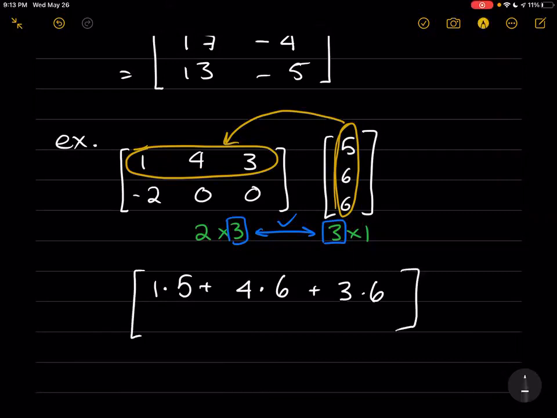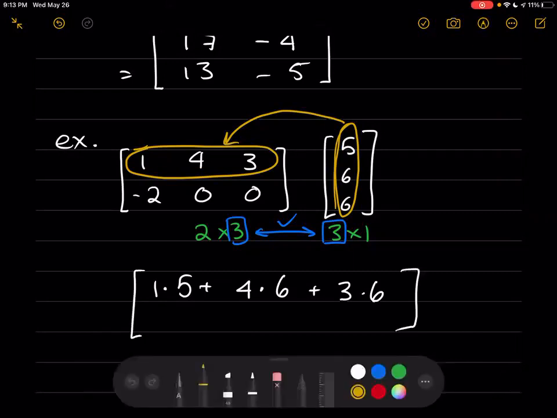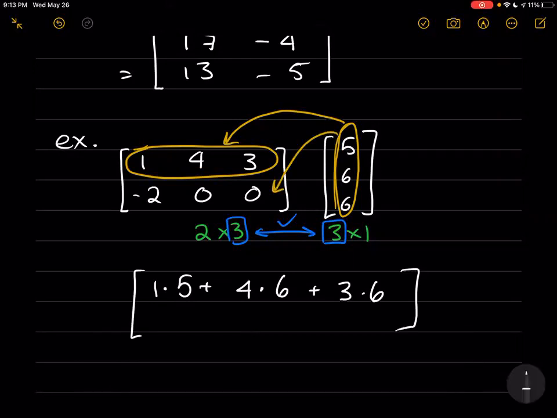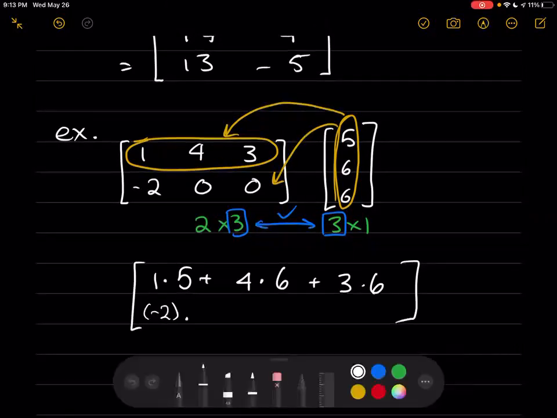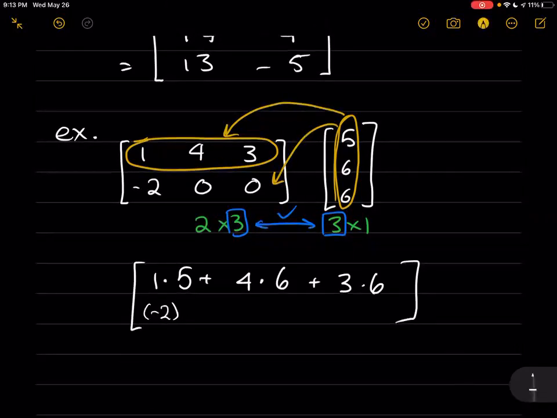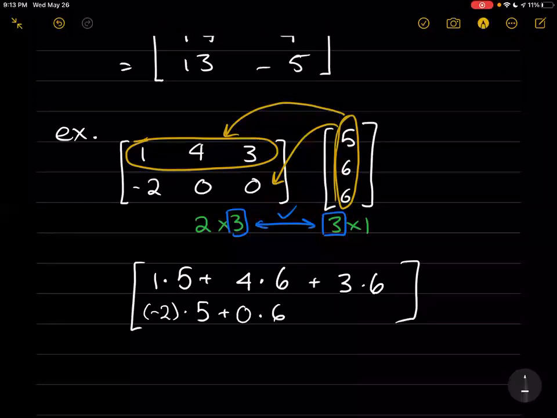And we do that for the other row. And so we get -2 from that first entry in the row times 5, first entry in that column, plus 0, the entry in the row, times 6, the entry in the column. And then again, we get 0 times 6 from the last entry in the row and the last entry in the column.